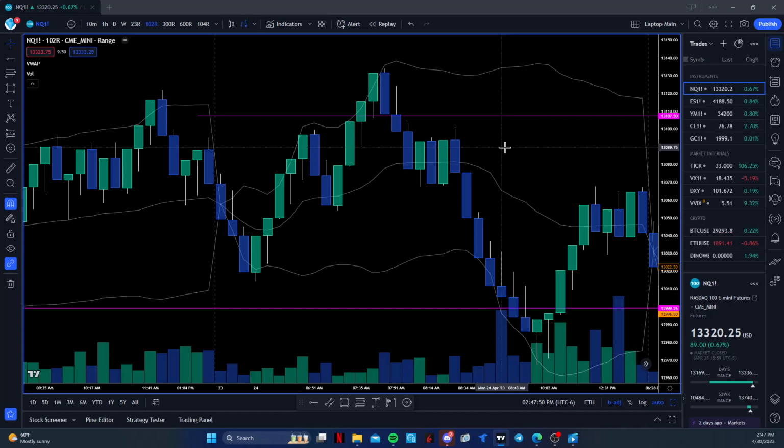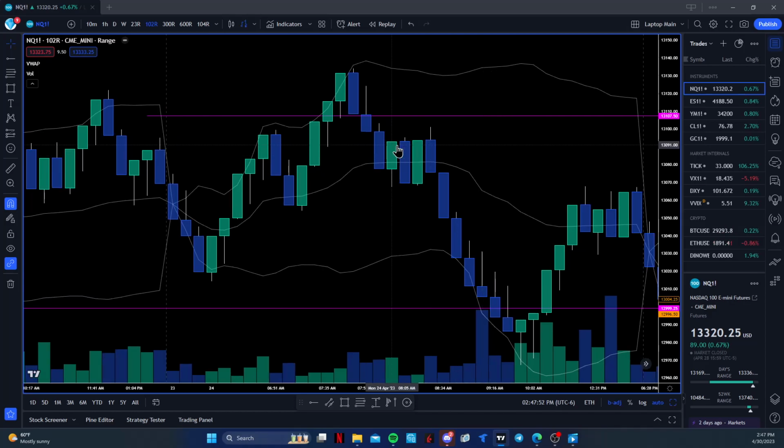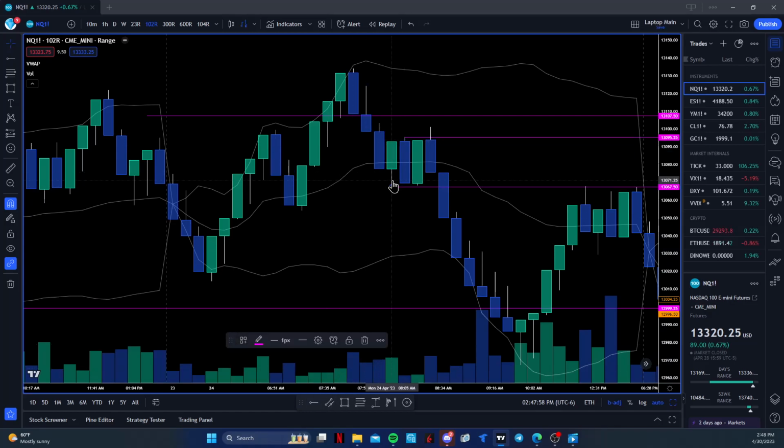What I did like about this though, here's another example of the liquidity type grab where you have this range form, right? And you don't break it, and then finally you do break it to the top side. You did hit a high, now you're making a lower high here. And then another big volume bar comes in.